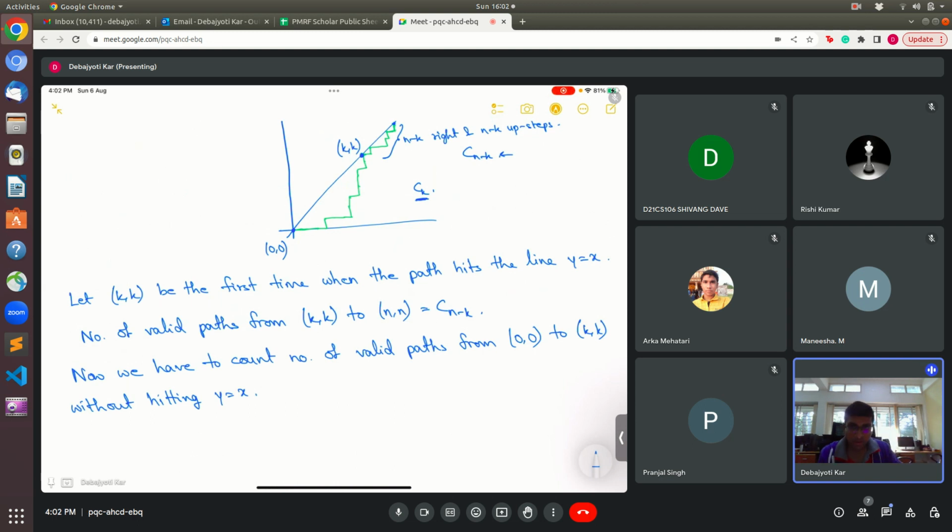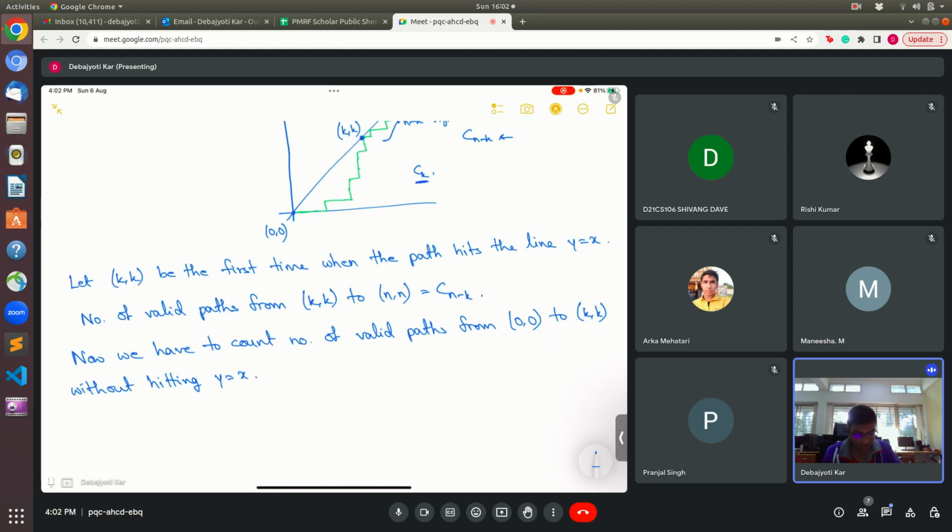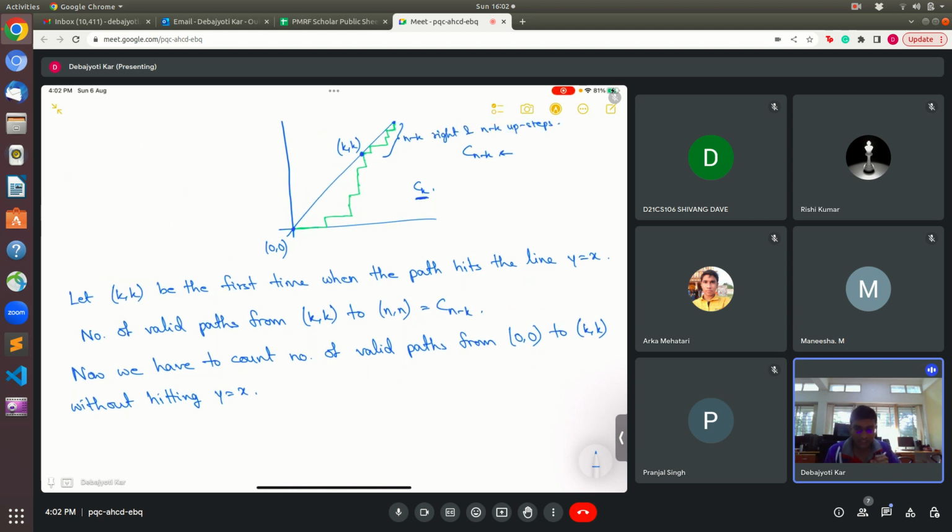The important thing to observe is what this condition means, that you do not want to hit the line y equal to x. This is equivalent to saying that you do not want to cross this line, which is y equal to x minus 1. This yellow line is y equal to x minus 1.